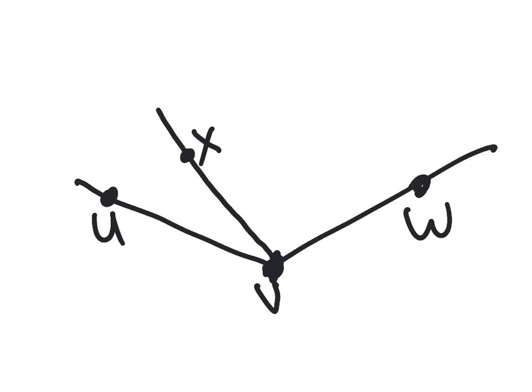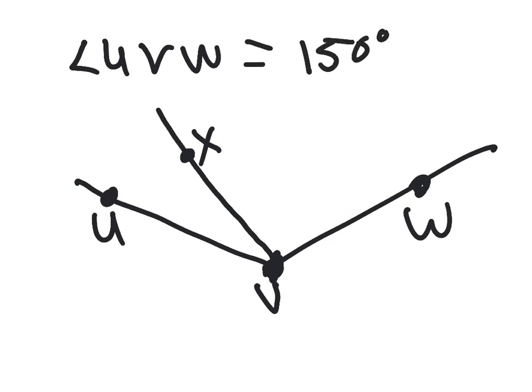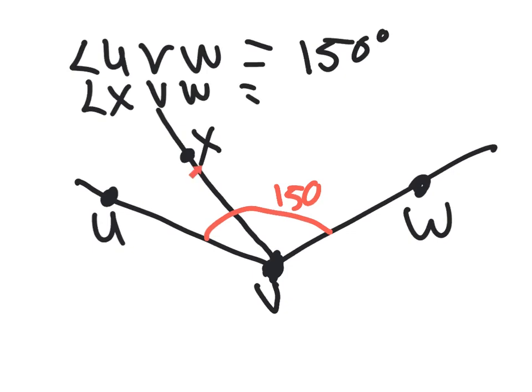All right, class, if you know that angle UVW, so the whole great big thing, equals 150 degrees. Okay, so that is the whole thing is 150 degrees. You also know that angle XVW, that's here, so this part right in here, we know that it equals, we are going to say, 110 degrees.